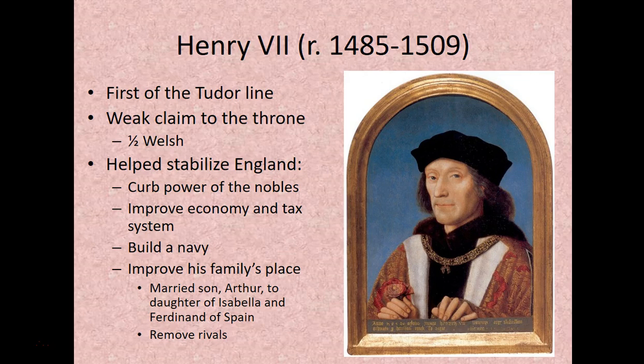He did have a claim to the throne, but it was really rather weak. His connection was through his mother, which was, when the line's coming through a woman, the English would much prefer at this time that it be coming through the father, not the mother. And then even worse, the line from his mother was through an illegitimate child.